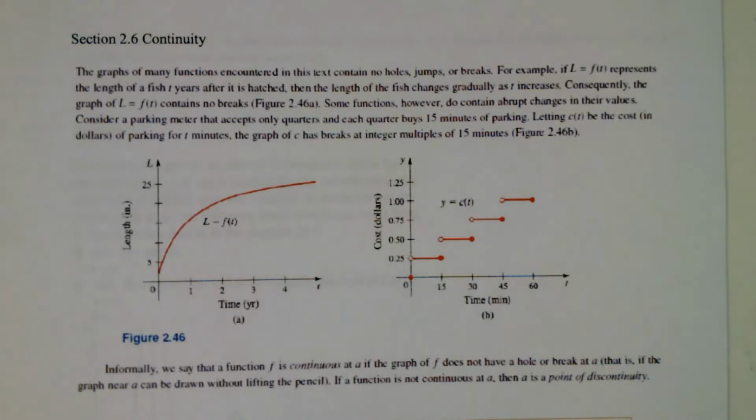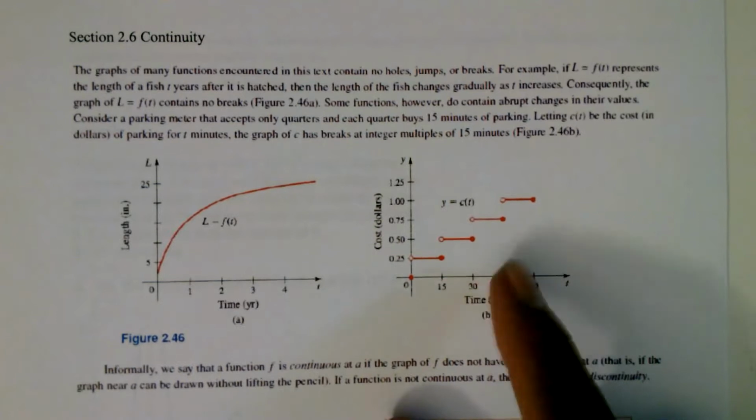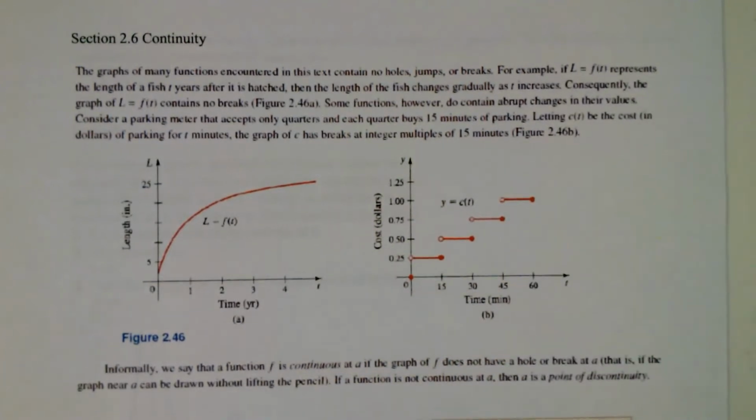Now, some functions, however, do contain abrupt changes in their values. Consider a parking meter that accepts only quarters, and each quarter buys 15 minutes of parking. Let's say we let C of t be the cost in dollars of parking for t minutes. The graph, which is this right here, of C has breaks at integer multiples of 15 minutes.